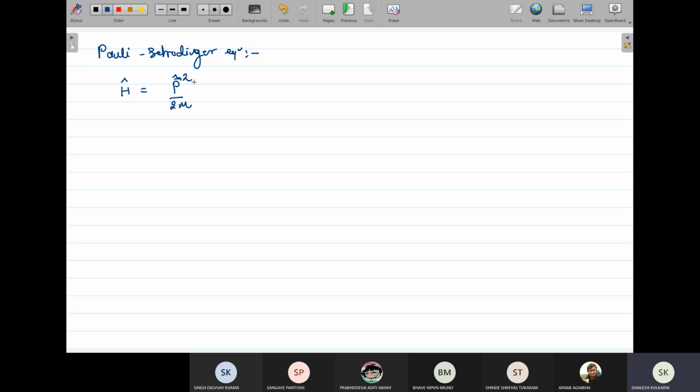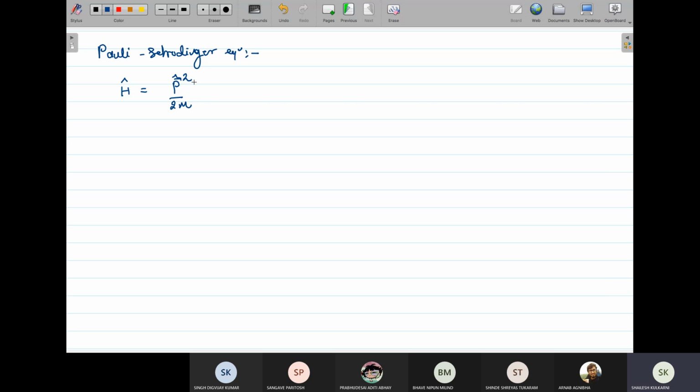Now suppose what Pauli did is the following. Suppose I want to say this is the Hamiltonian for a free particle which has some spin, half integer spin, which is put by hand in the Hamiltonian. How to modify this Hamiltonian so that the spin information is also there?